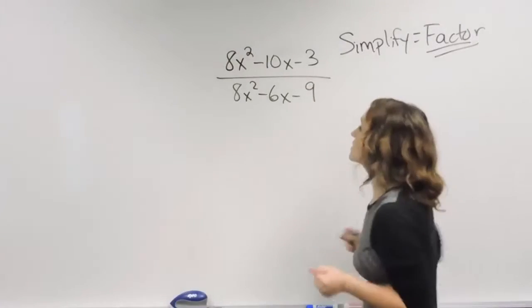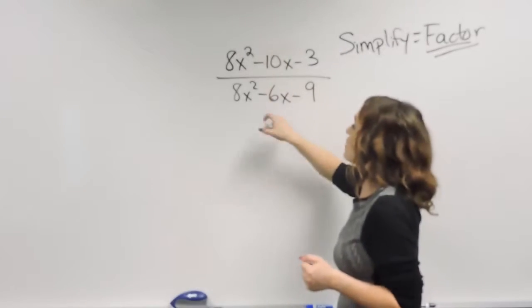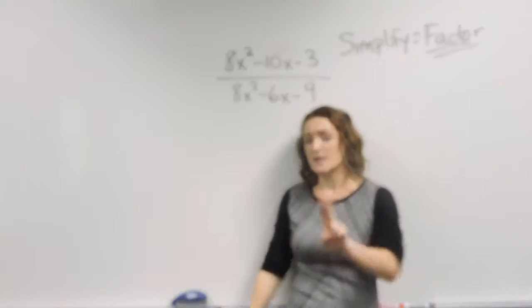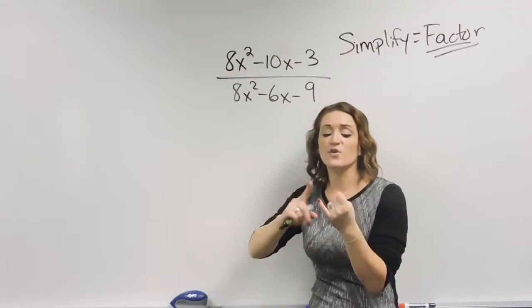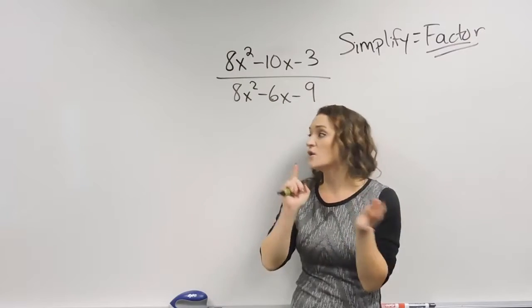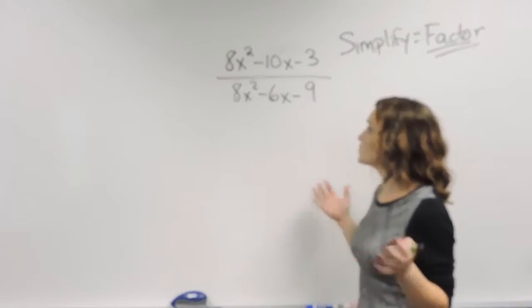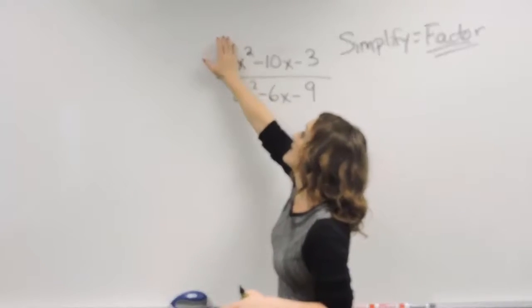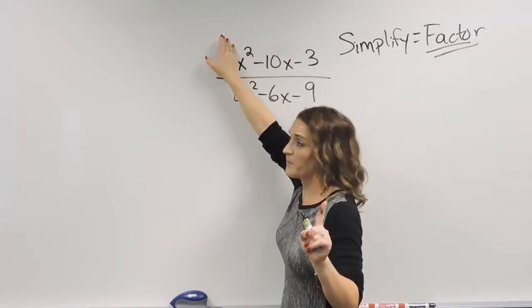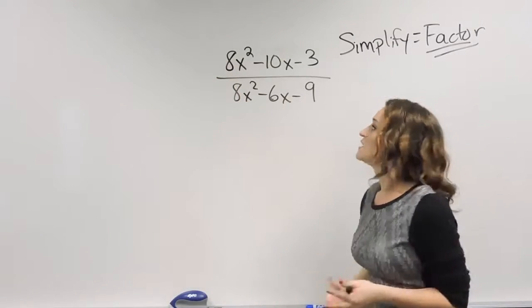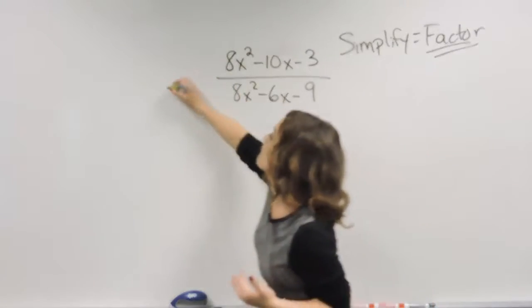Now, for this particular example, we have a trinomial over a trinomial. When it comes to trinomials, the two techniques that I use are either reverse FOIL or no fuss. Reverse FOIL is what you would use when you have a trinomial where the leading coefficient is a 1. I have numbers in front that are not a 1, so I'm going to use no fuss.